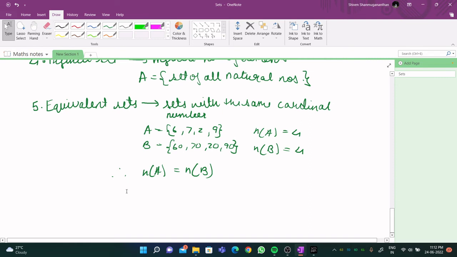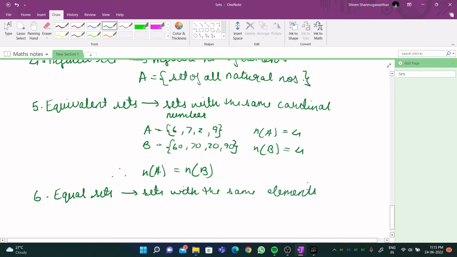Then the last type of set we have, and this is where we will be stopping our lecture for today, is set type number 6, equal sets. Not to be confused with equivalent sets. Equal sets are basically sets with the same elements. Let me write this again.